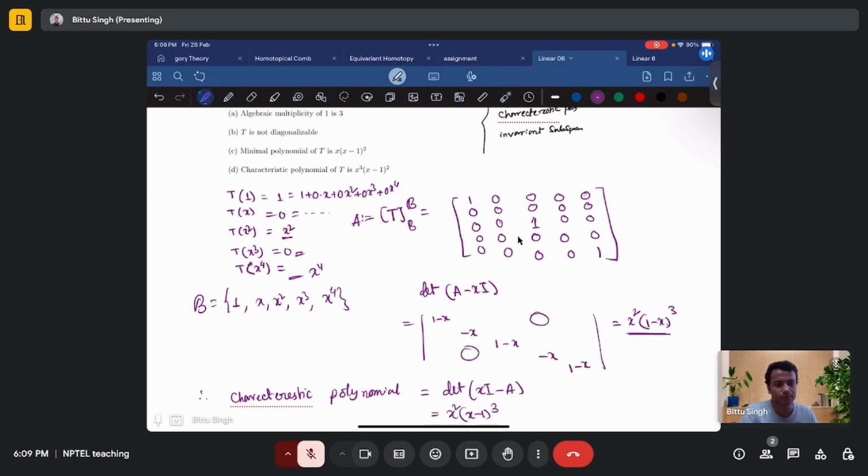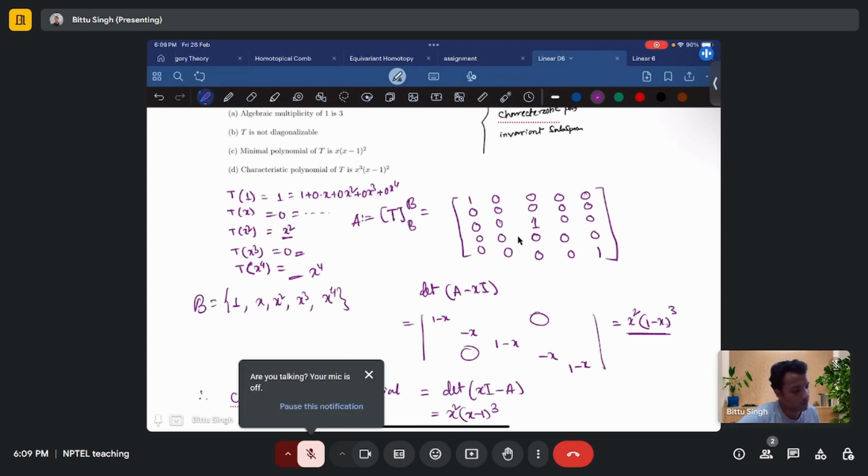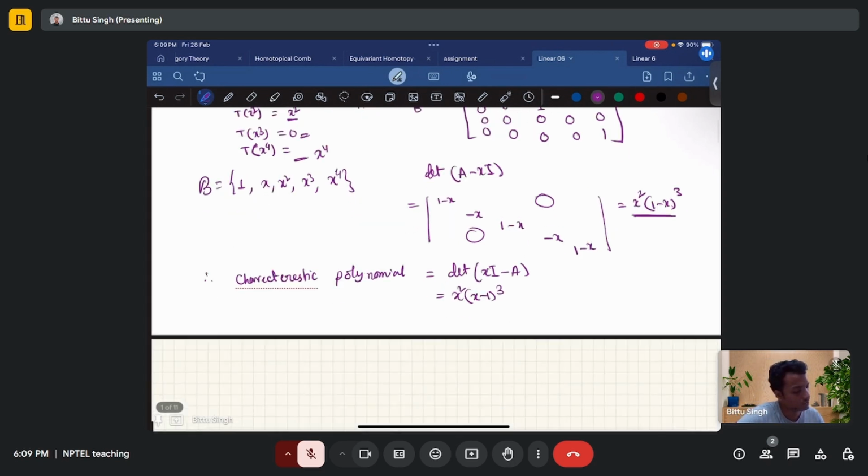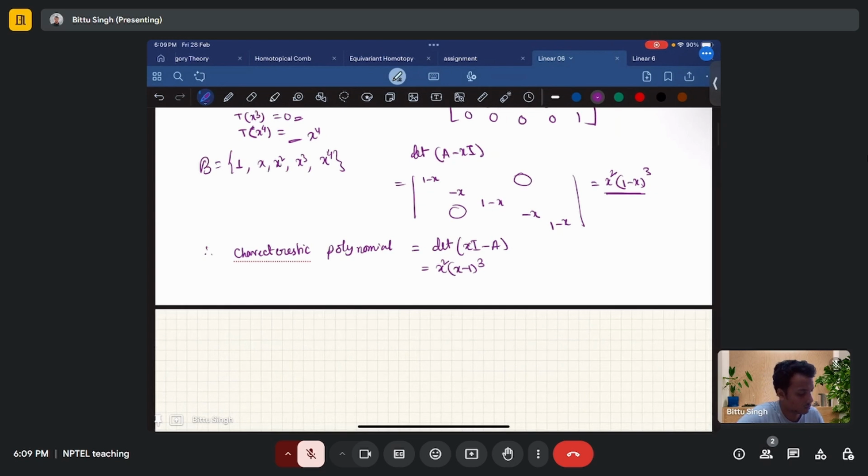Okay, so from here we obtain the characteristic polynomial, and now what are the eigenvalues? The eigenvalues, or characteristic values, are given by the equation det of A minus xI equal to 0.